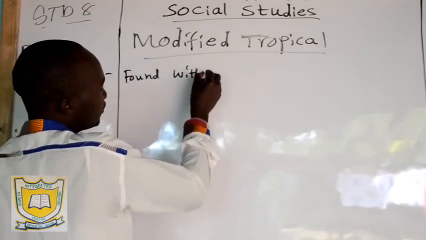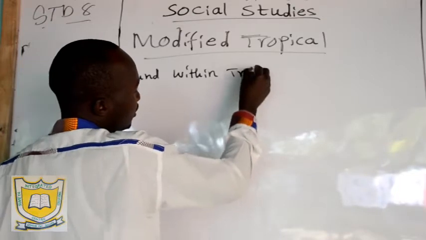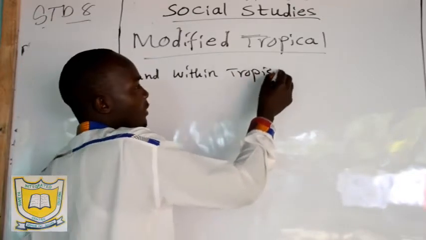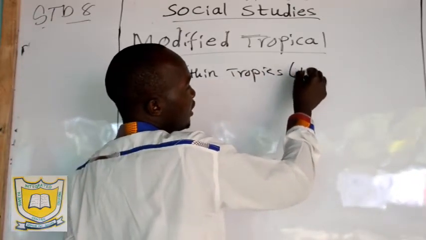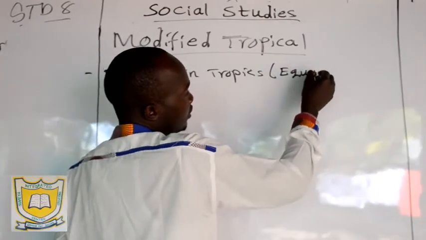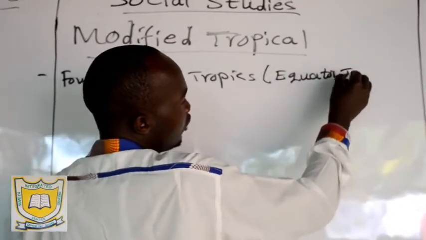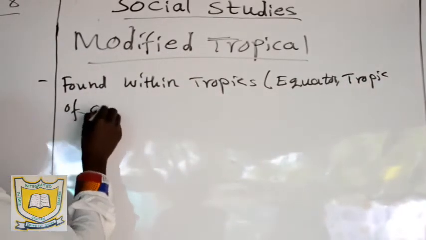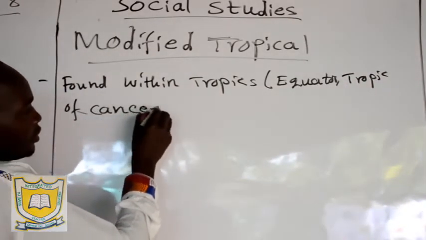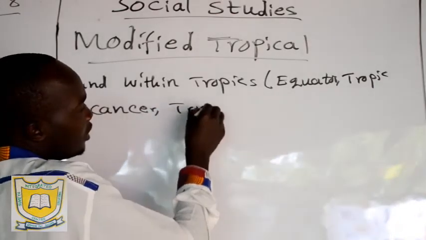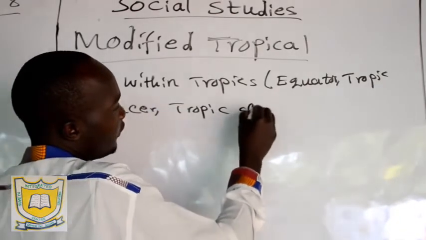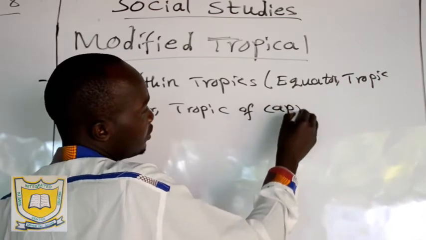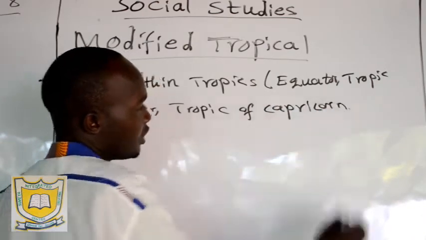And when you talk about tropics, then you are talking about the equator, what you call the Tropic of Cancer, and we have the Tropic of Capricorn. So these are what you call the tropics.